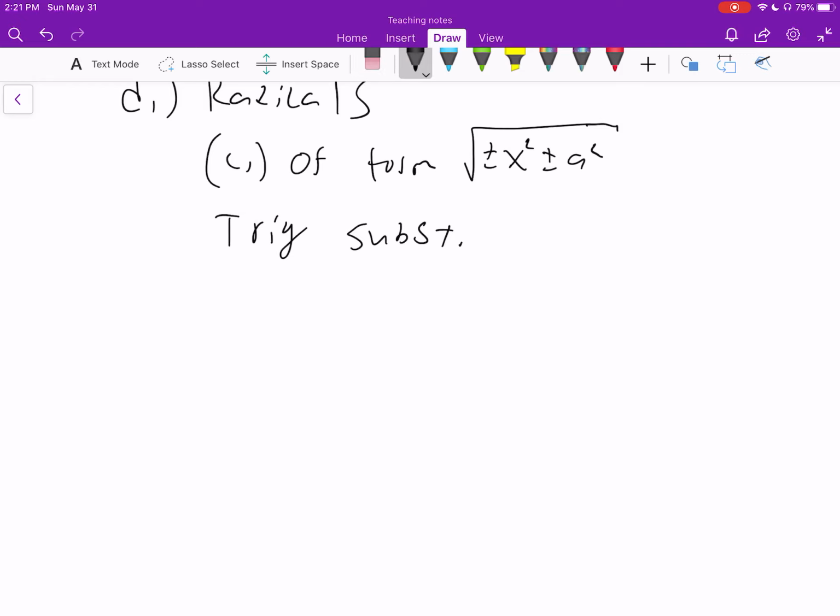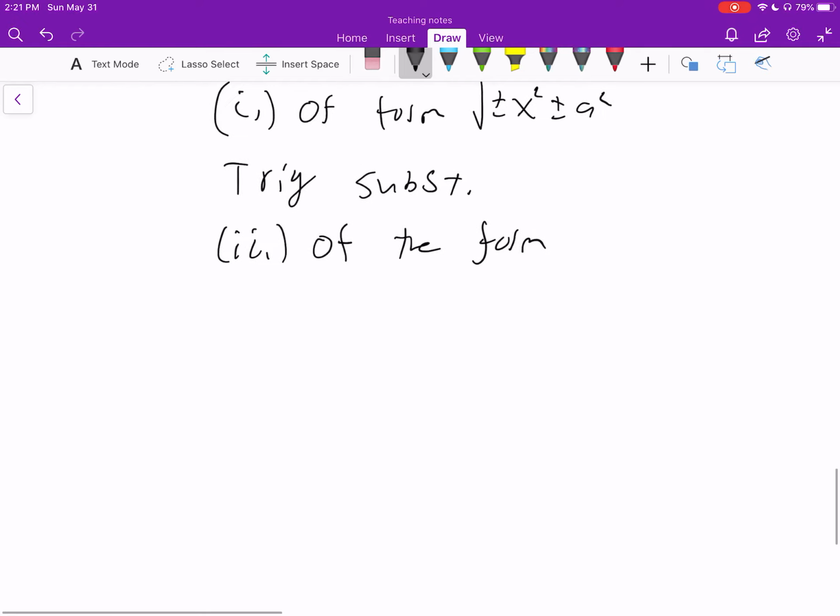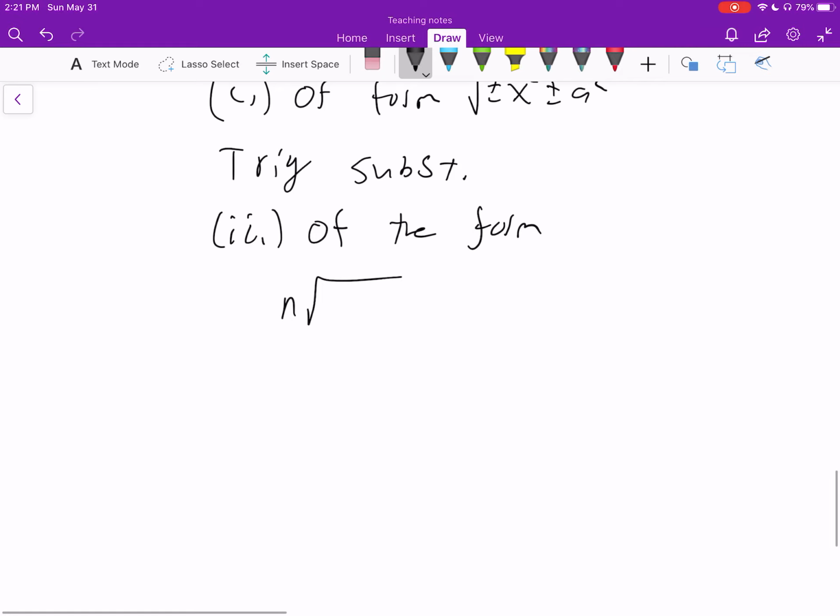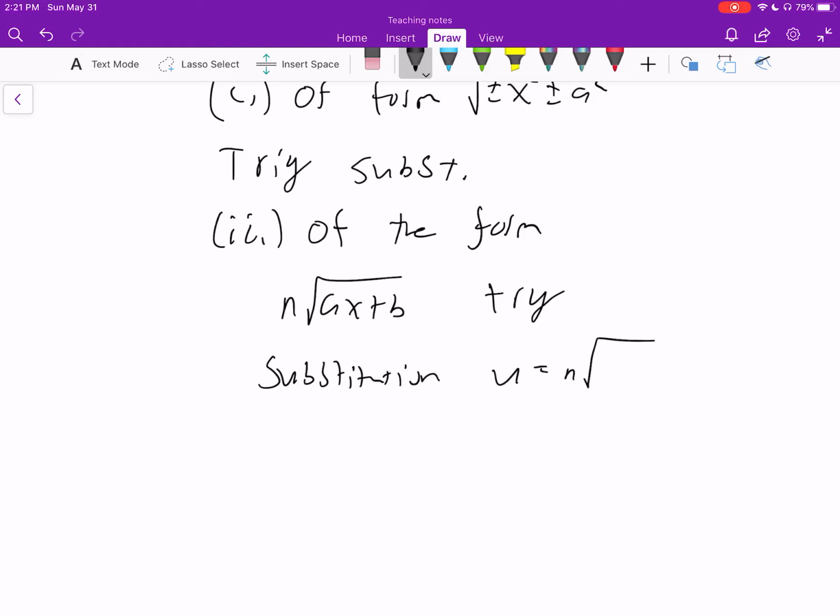We've already done a. And then 2, if it's of the form the nth root of ax plus b, then you use substitution: u is equal to the nth root of ax plus b.